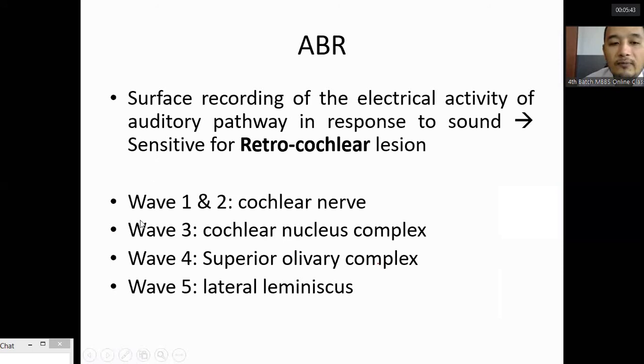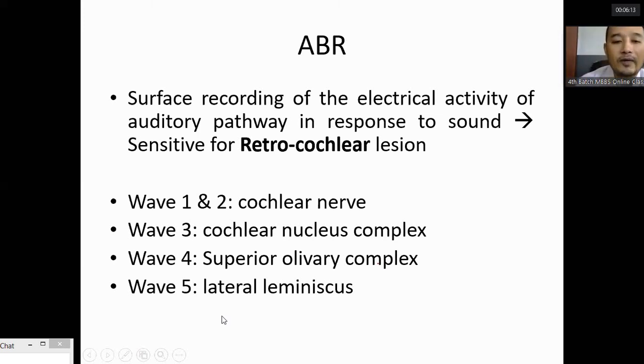Now we have basically five waves we obtain in the ABR, just like the QRS complex, Q waves, T waves of the ECG. We have wave 1, 2, wave 3, 4, and 5. Waves 1 and 2 are generated by the electrical impulses from the cochlear nerve, the eighth nerve. Wave 3 is from the cochlear nucleus complex, wave 4 from the superior olivary complex, and wave 5 is generated at the lateral lemniscus.